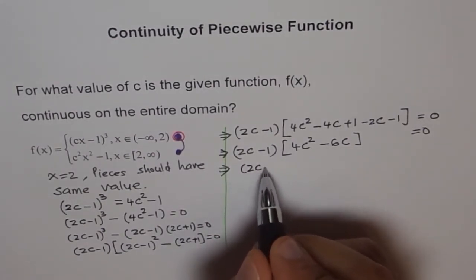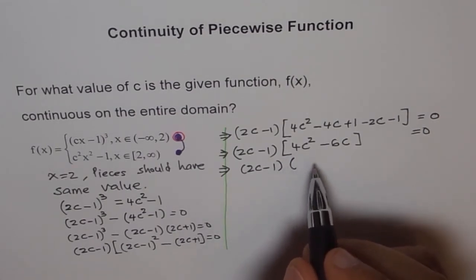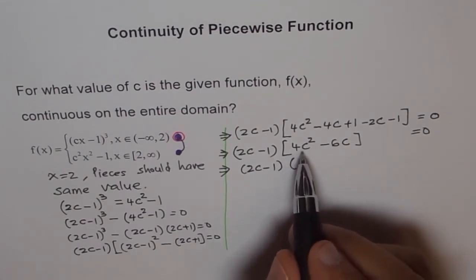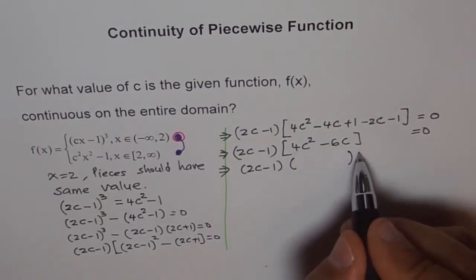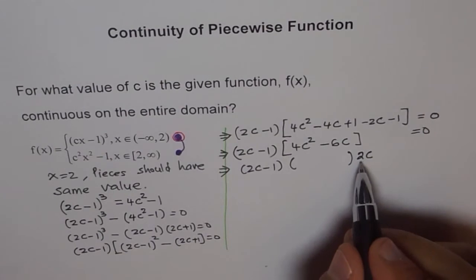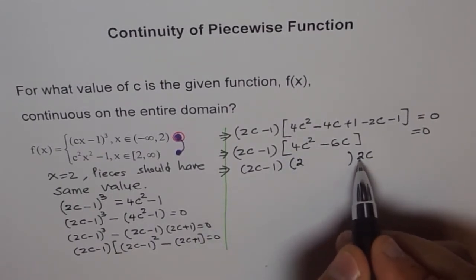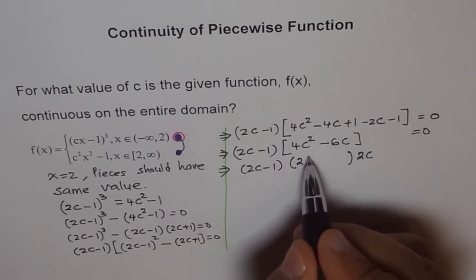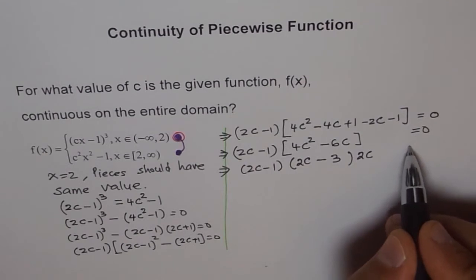So we get 2c − 1, and this we can factor. We can take 2c common. I didn't have any space, so let me write 2c here. If I factor out 2c, then I'm left with 2c, right? 4 divided by 2 is 2, and c² divided by c is c, minus 6 divided by 2 is 3, right? So we get this equals 0.